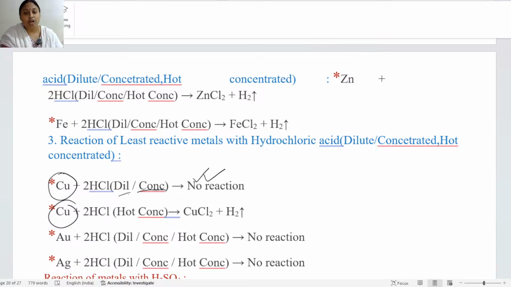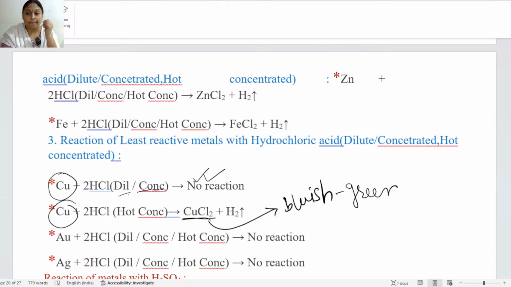When it comes to hot concentrated, we get copper chloride. What is the color of copper chloride here? Copper chloride color is bluish green.